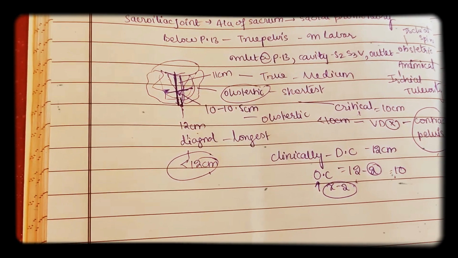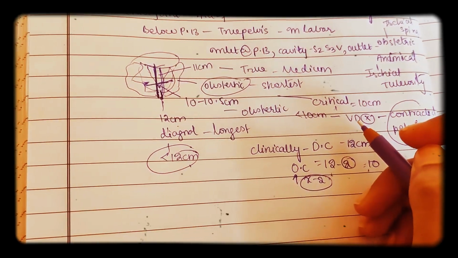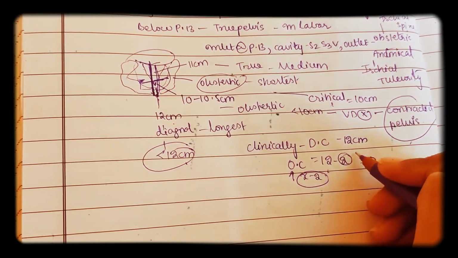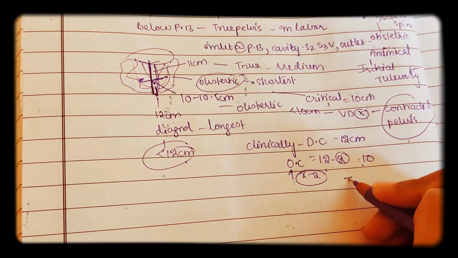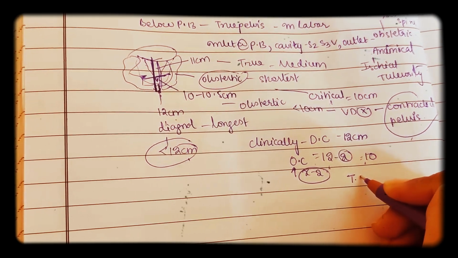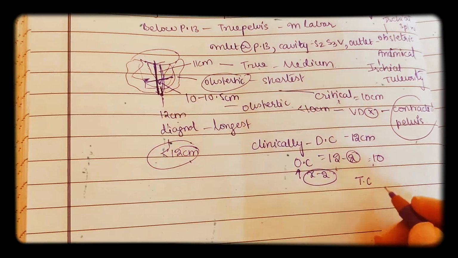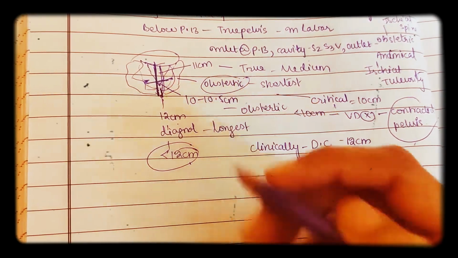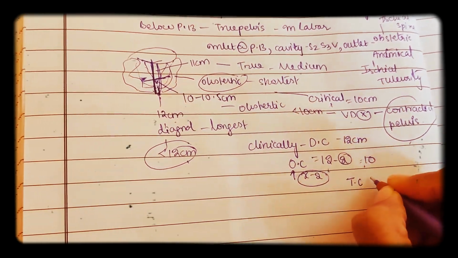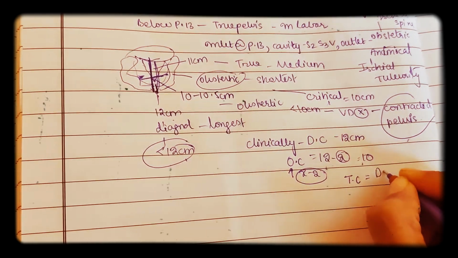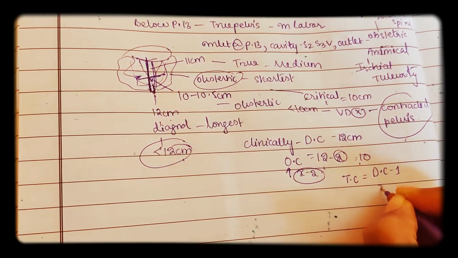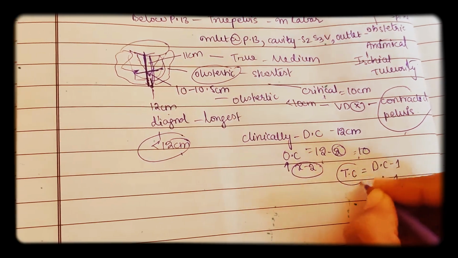Or you can do minus 1 also, in the case of the TC, which means true conjugate. For the true conjugate you just need to do minus 1 from the DC. So DC minus 1, or you can write x minus 1, and you will get the true conjugate.